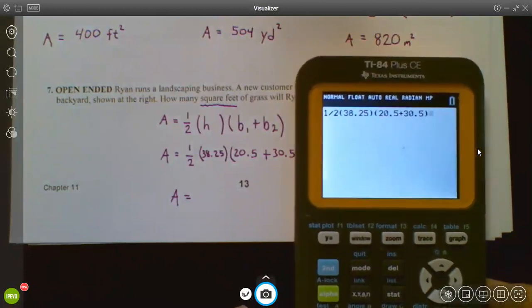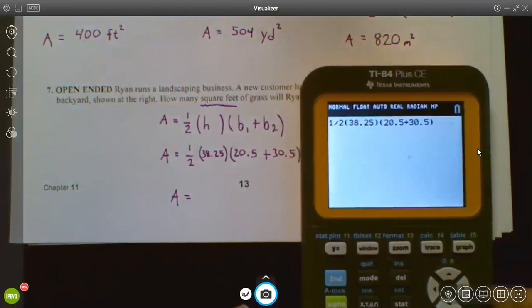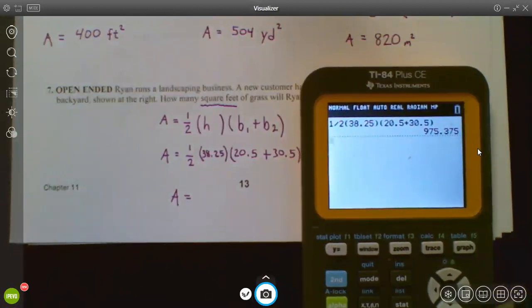I'm literally typing it in exactly the way I wrote it on my page. And that's what I'm seeing as our area. Then I'm glad we're practicing these. Guys, did you put it in pieces, or did you do it all in one shot? All in one shot. Okay.